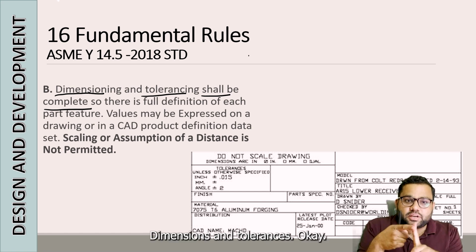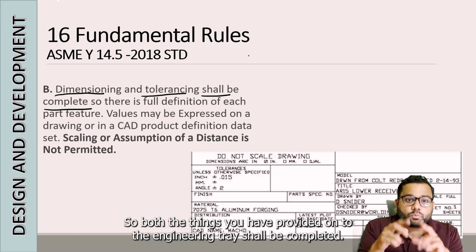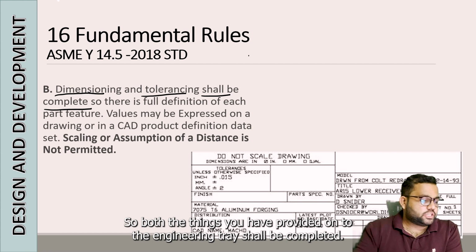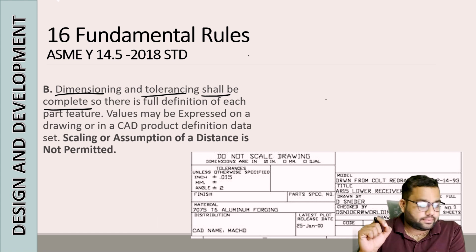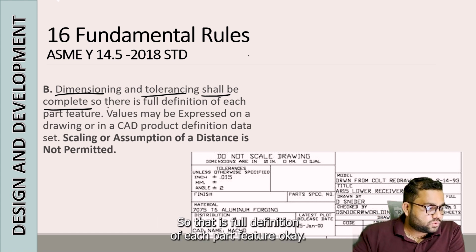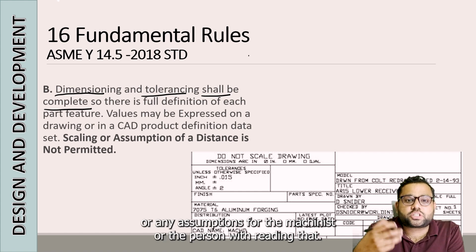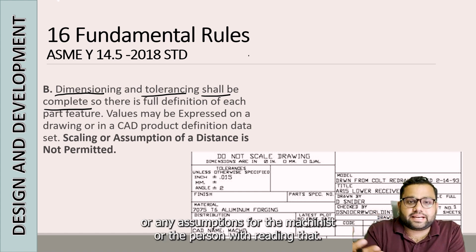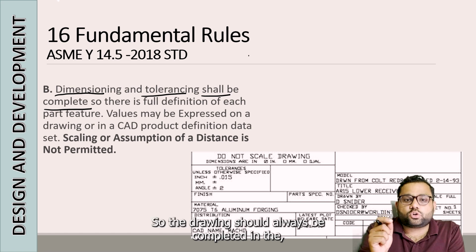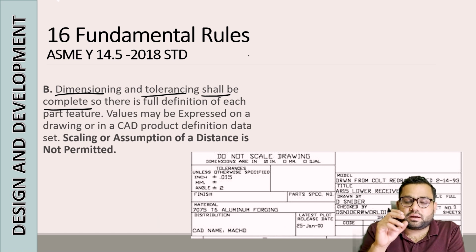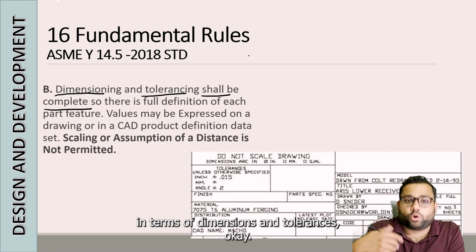Both dimensions and tolerances you have provided on the engineering drawing shall be complete, so there is full definition of each part feature. There should not be any ambiguity, confusion or assumptions for the machinist or the person reading that drawing. The drawing should always be complete in terms of dimensions and tolerances.